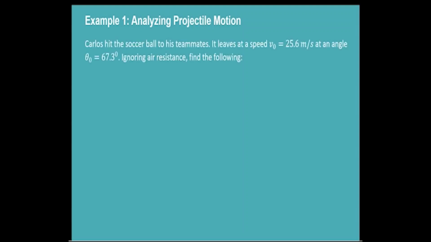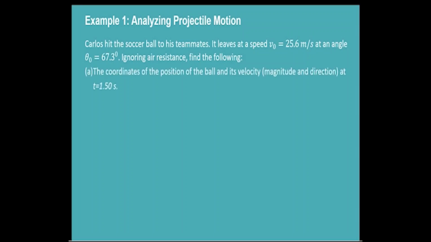Now, let's proceed to example number 1, analyzing projectile motion. Carlos hit the soccer ball to his teammates. It leaves at a speed v sub 0 is equal to 25.6 meters per second at an angle 67.3 degrees. Ignoring air resistance, find the following.